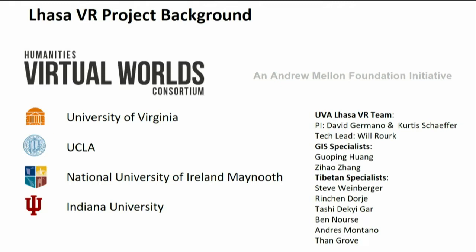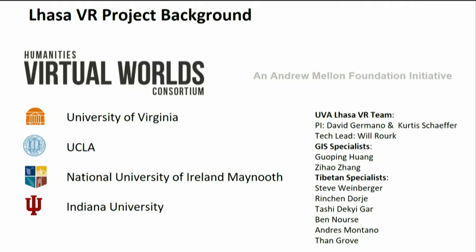But the main topic that we're talking about today is a Mellon-funded grant project that started around 2009 to study the use of 3D and virtual worlds technologies for telling and creating spatial narratives.